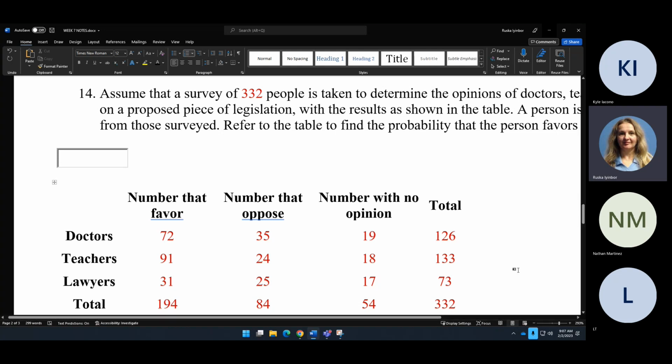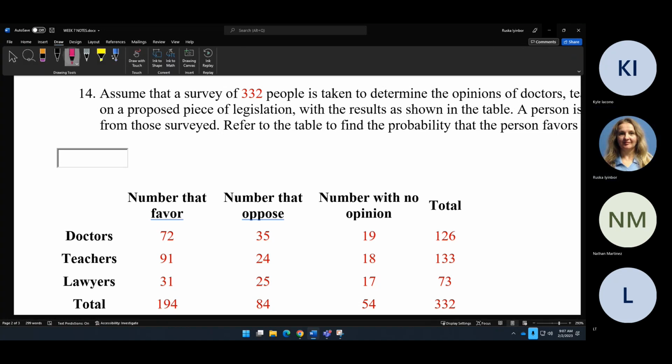Okay, everybody see the table? And the question is, find the probability the person favors the legislation. Looking at this table, you have it broken down into favor, oppose, no opinion, and also doctors, teachers, and lawyers.